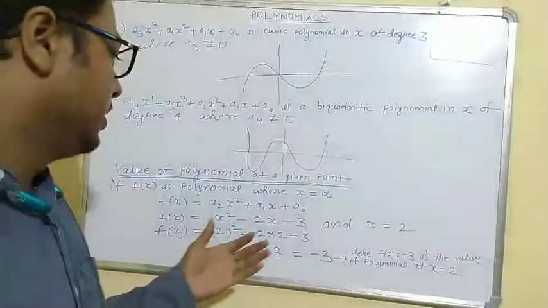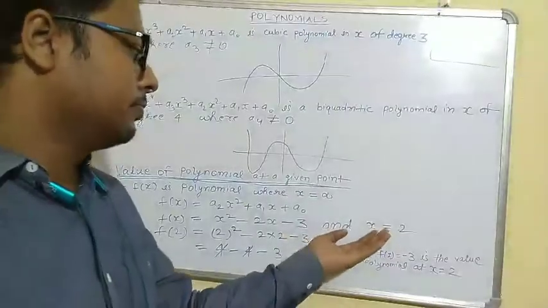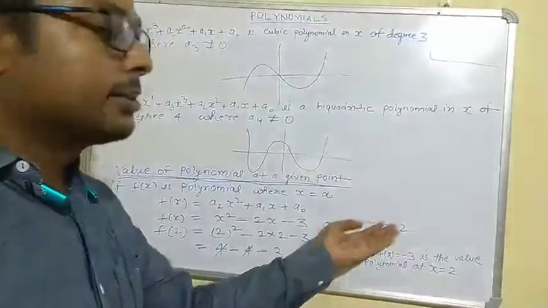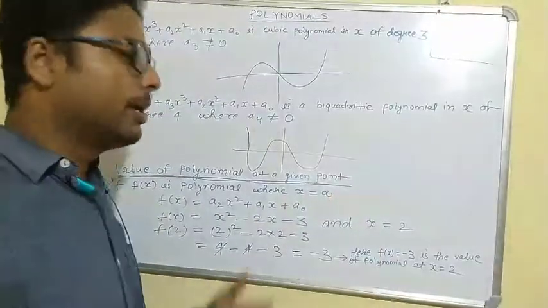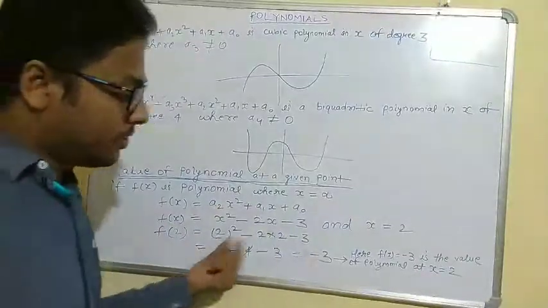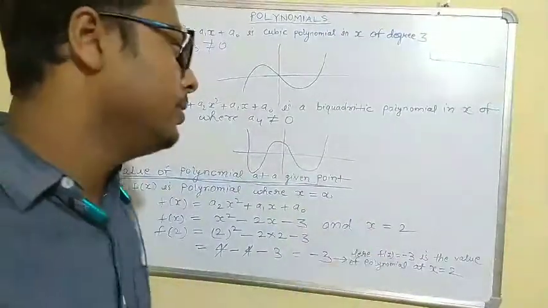In questions, many types of values can be given, like x equal to 3, x equal to 4, anything. As per the question, I have to put the value of x and find the value of the polynomial at the given point.